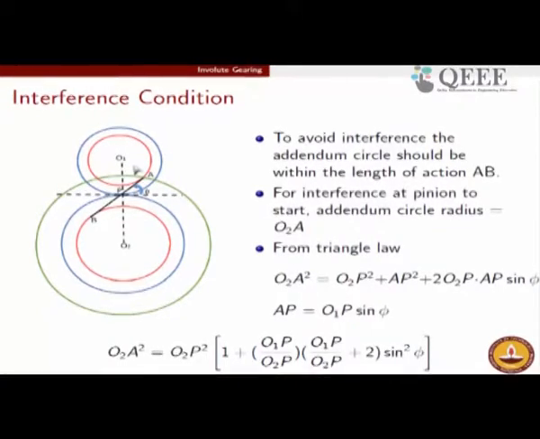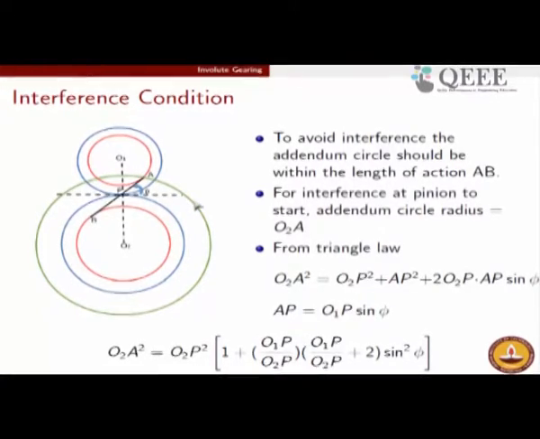That essentially means the engagement happens only in the involute portion of the gear tooth. We understand that there is a portion which is not involute, but the engagement never happens there, so we need not worry about the consequences of that wrong engagement.